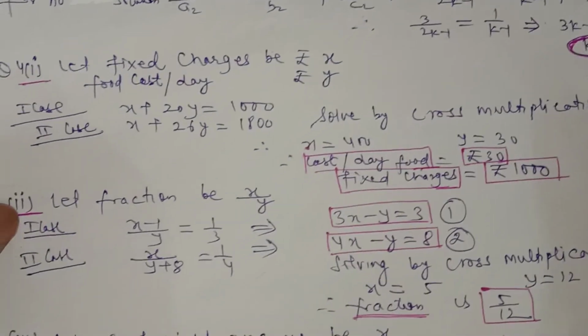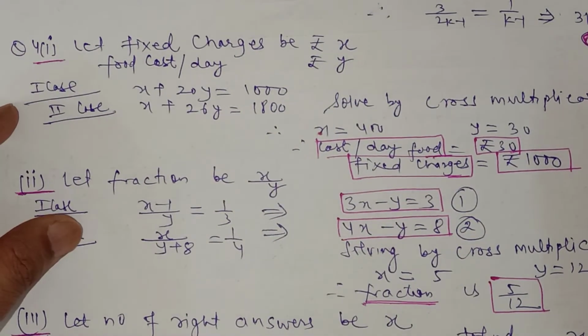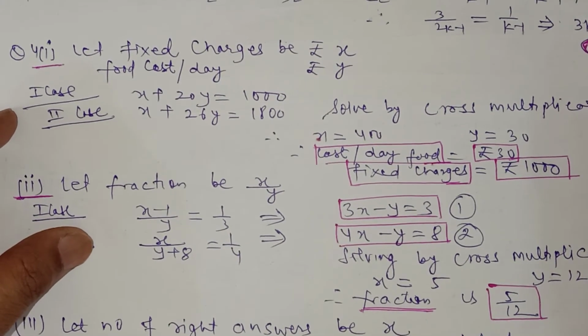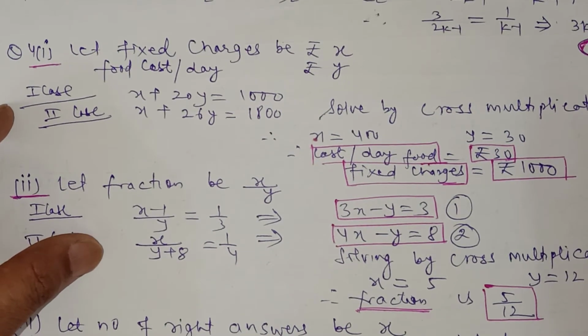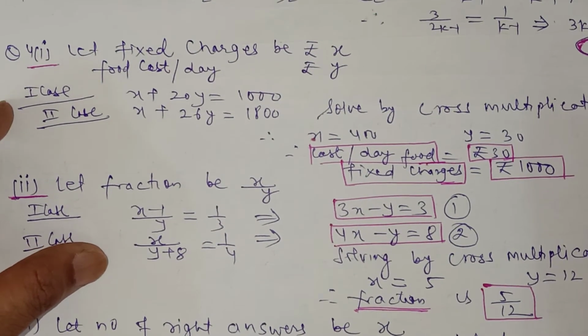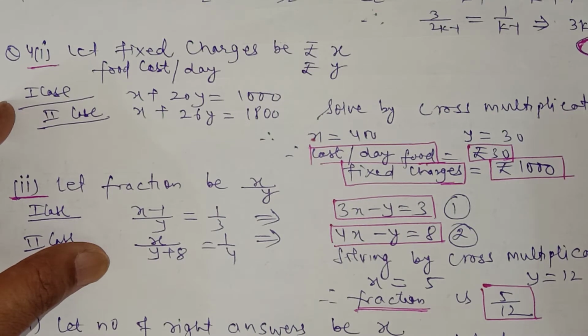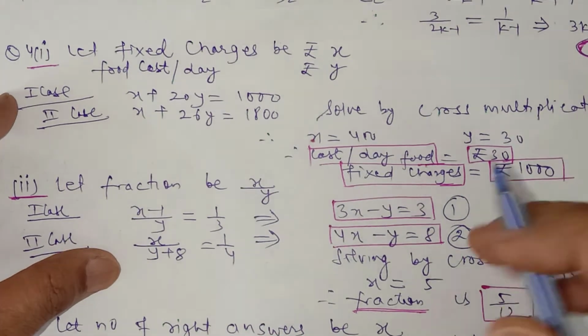Okay. Now in question number 4, we again have a word problem. See it very carefully. I think you must have your book with you. It is given that there is a hostel with fixed charges, and the total depends on the number of days he has taken meals from that hostel.